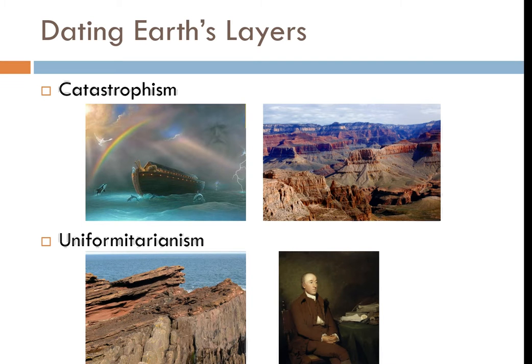Hutton said it takes so long for all these slow processes to happen that the Earth has to be old, and that everything we see forms from this really slow progression of everyday events. Now, where we are now is leaning more toward uniformitarianism, but with a little catastrophism too, because we know big events like really large Earth-changing volcanic eruptions happen.